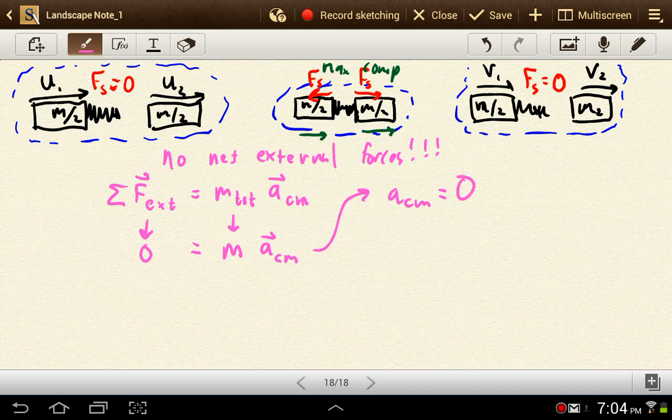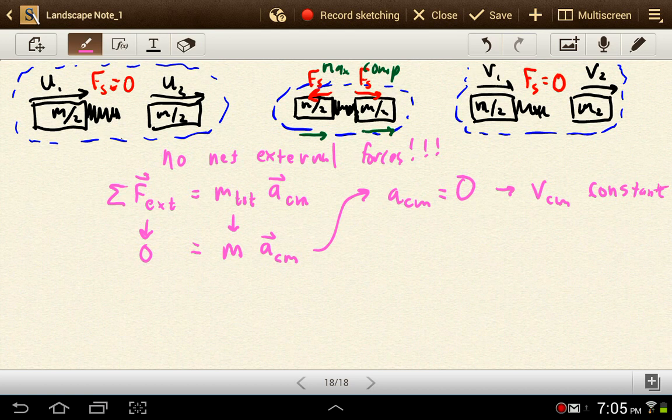What that means is that the velocity of the center of mass must be constant. Try to do the problem yourself from here on.